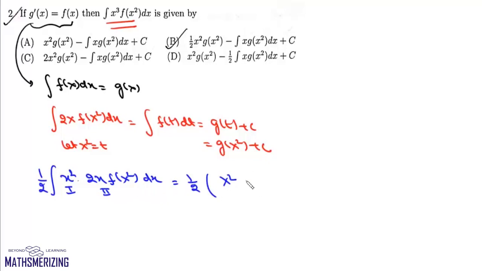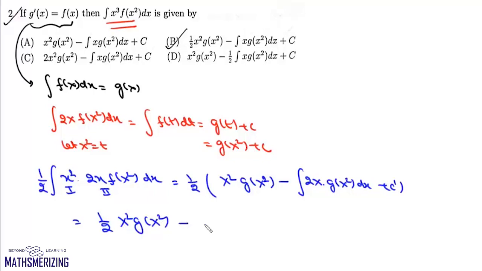The integral of this function is gx square minus the integral of the derivative of x square, which is 2x, into the integral of this function, which is gx square dx, plus c dash. So it will be 1 by 2 x square gx square minus, now 2 and 2 will cancel, so it will be x gx square dx plus c, and that is your option B.